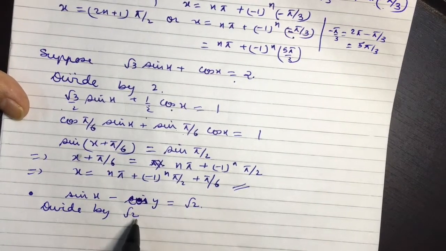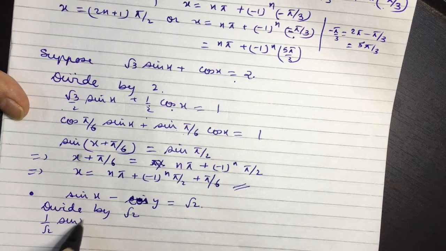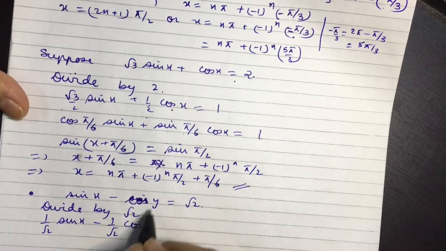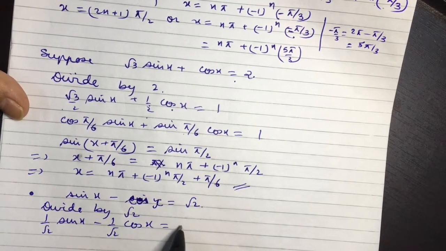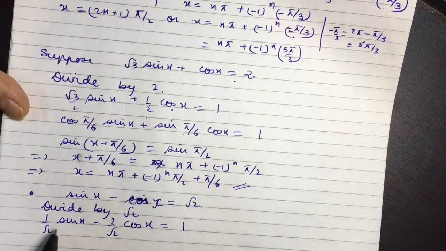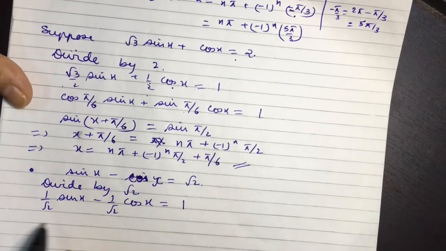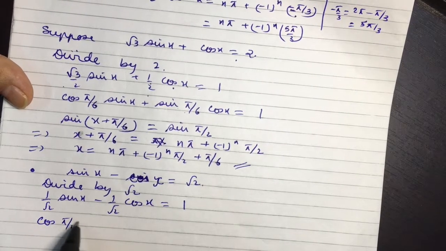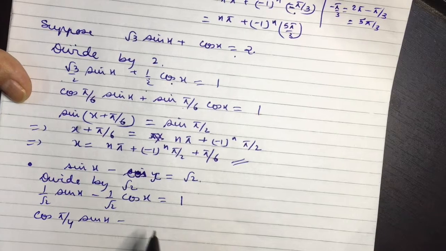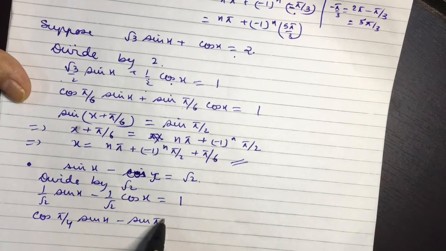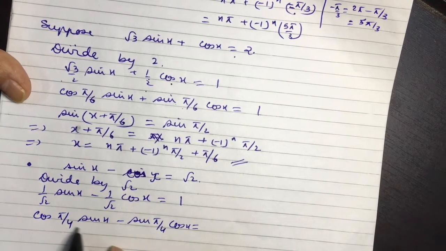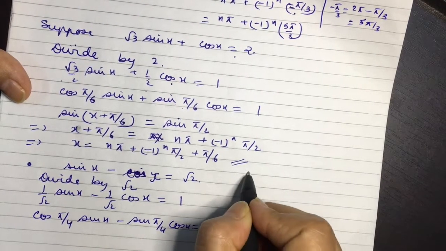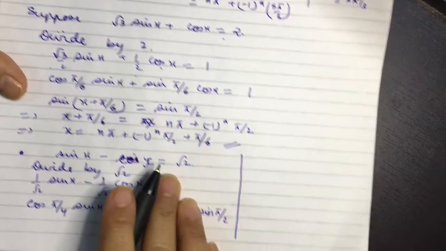What we get is 1 upon root 2 sine x minus 1 upon root 2 cos x equal to 1, and here we can write it in terms of sine 45 or cos 45. So we can write cos 45 into sine x minus sine 45 into cos x equal to, now this will come out in terms of sine of pi by 2. And then you proceed the same way as before.